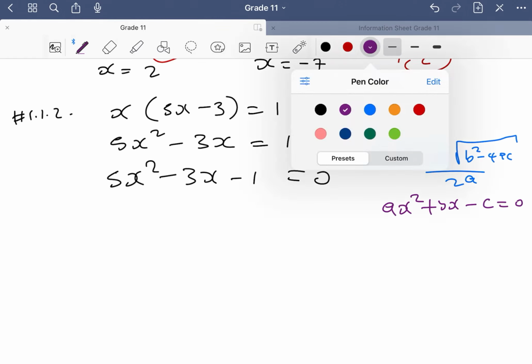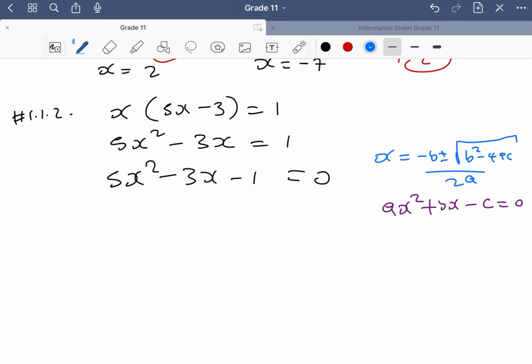The a that you see here is this a, the b that you see here is this b, and the c that you see here is that c.